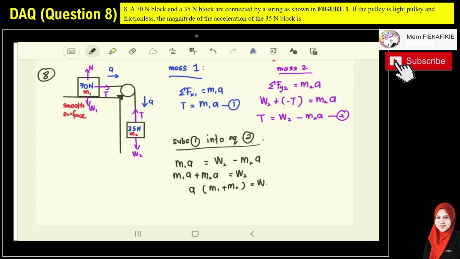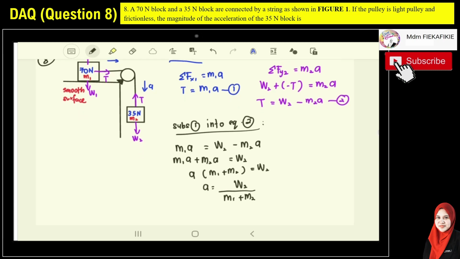So now a is equal to W2 over (m1 plus m2). But we don't have the values of mass 1 and mass 2. We are given 70 Newton and 35 Newton, which are the values of W1 and W2.